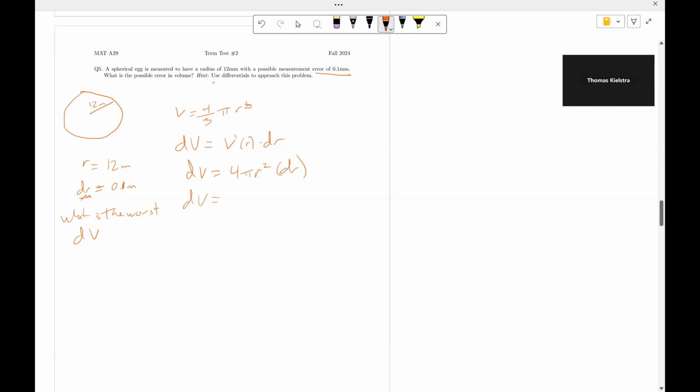So dV equals 4 pi 12 squared times 0.1, which equals 144 times 4 pi times 0.1. 144 times 4 is 576, so 57.6 pi.